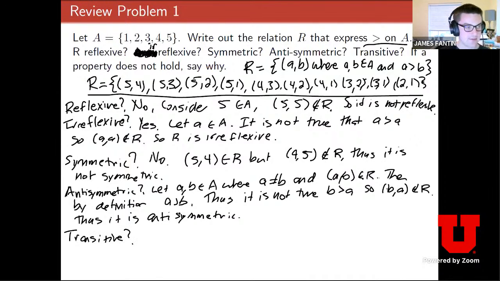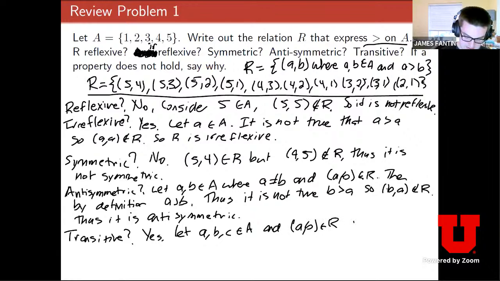What about transitive? Is this relation transitive? Yeah, so some typing in chat, it is transitive, and that is correct. So yes, let A, B, C be in the set A. And say A, B is in the relation and B, C is in the relation.